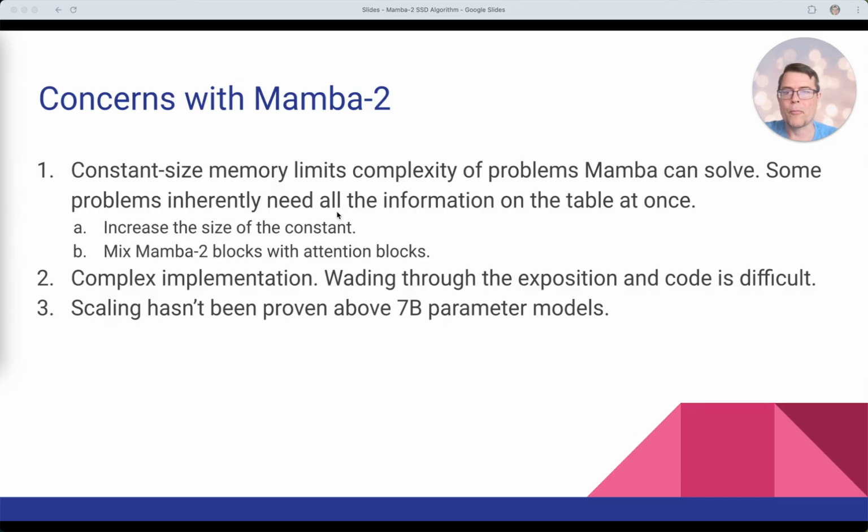There are a couple of more practical issues. One is that the exposition and code in the Mamba paper and the related code base are quite complex. Unless you've got a strong background in control theory and numerical programming, you'll probably have difficulty understanding what's going on.